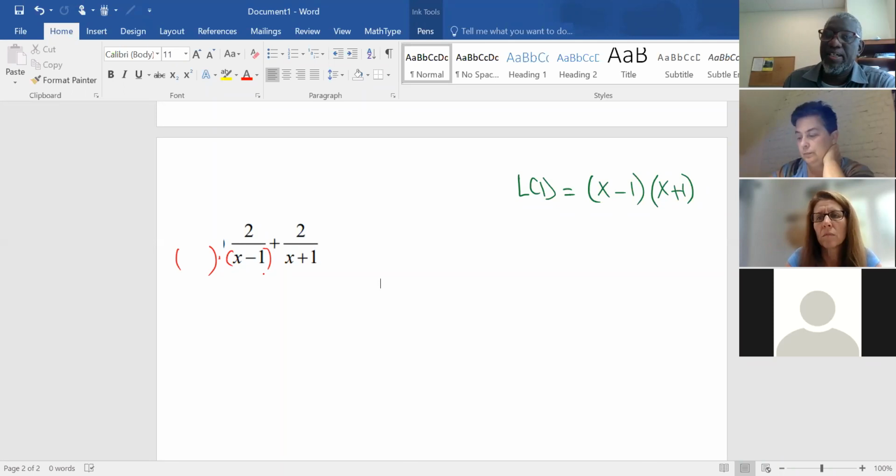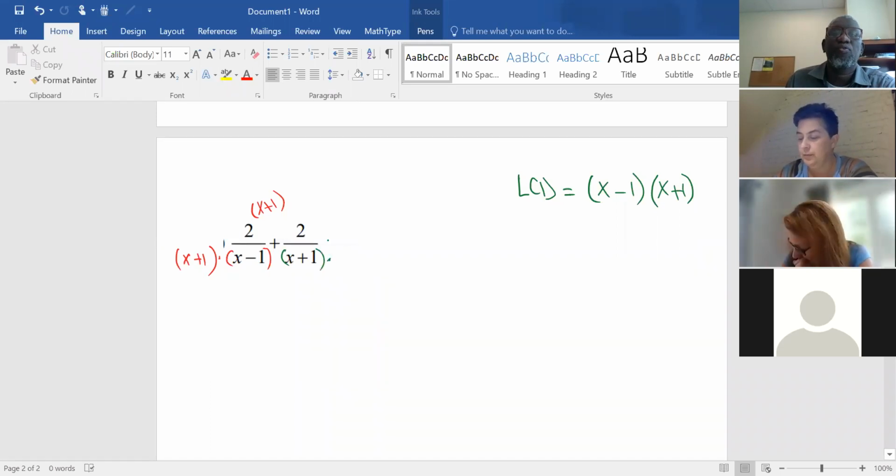I have the piece x minus 1, the piece x plus 1 is missing, so I put the piece x plus 1 here. And since I did it at the bottom, I have to do it at the top. Okay? And the second one right here, what piece is missing for the second denominator? x minus 1. x minus 1 is missing, so I put x minus 1 here and here, right?